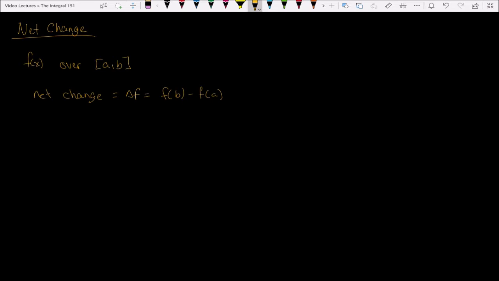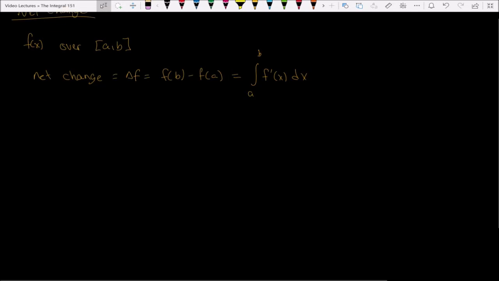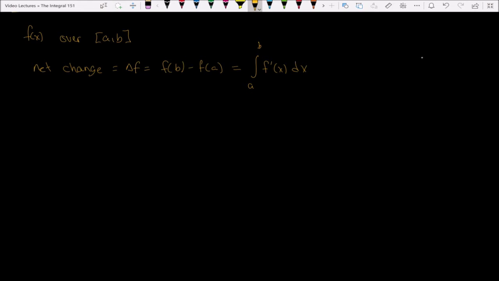However, by the fundamental theorem, this is the integral from a to b of f prime of x dx. So, if we're given a rate of change for a quantity, we can determine its net change over an interval. That is how much this quantity is changing over the interval. This is known as the net change theorem.